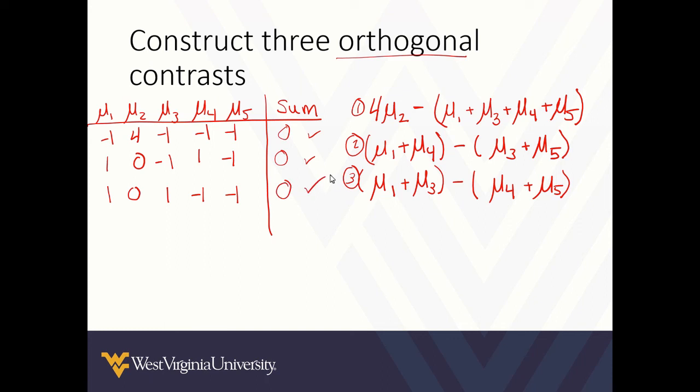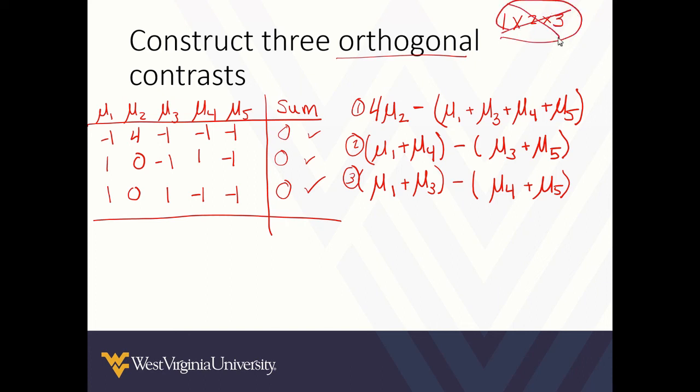So we have created 3 contrasts. Now we need to make sure they are mutually orthogonal. And that would mean finding their dot product. Now what a lot of people do that is a mistake is they want to just multiply our 3 contrasts together. That is a mistake.